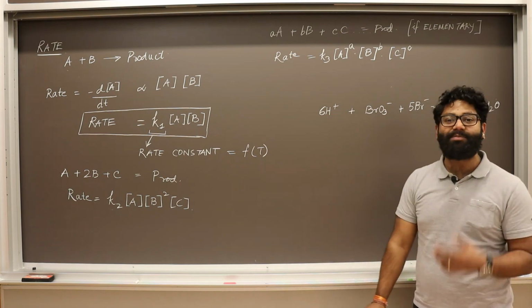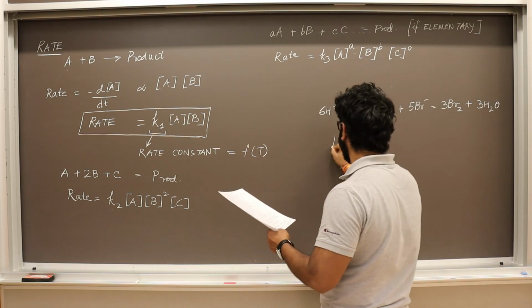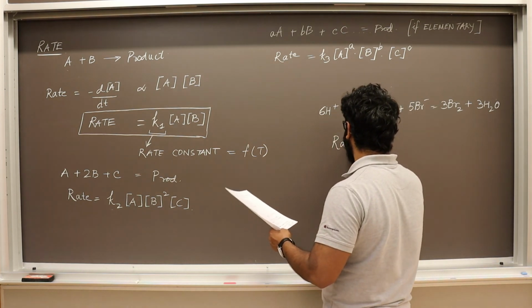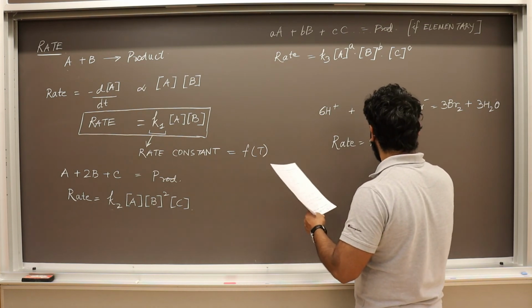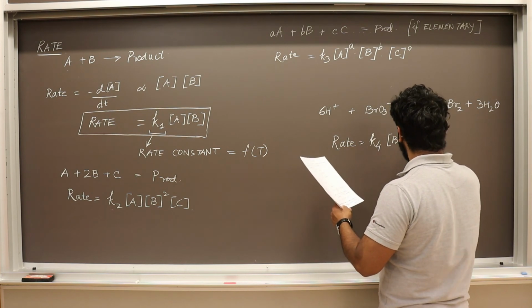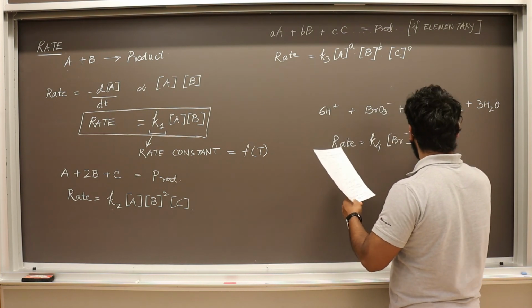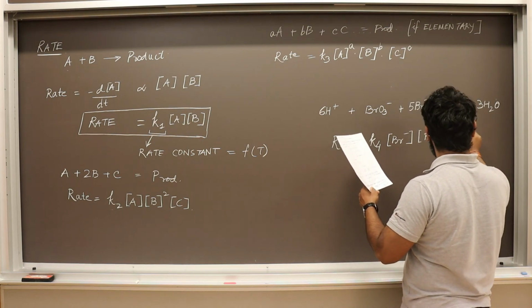This has to be determined experimentally, and let's see what the rate was that was calculated experimentally. When experiments were done, we found out that the rate is dependent on the reactants using this function.